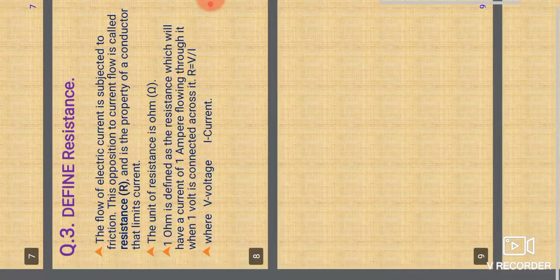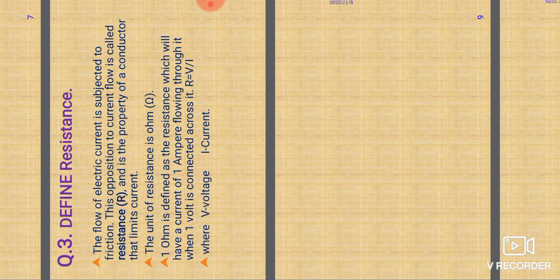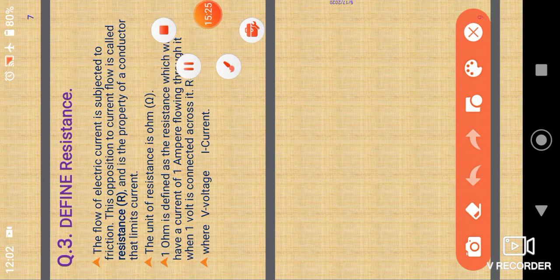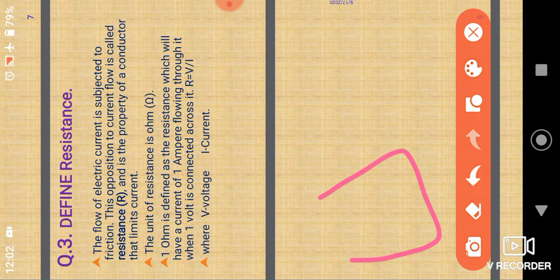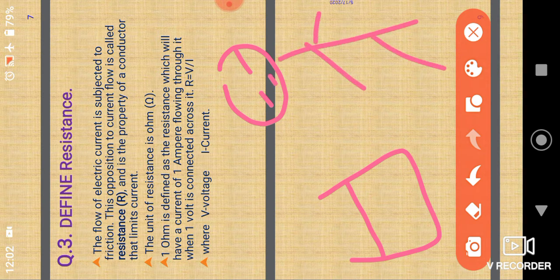Now the last line written over here: 1 ohm is defined as the resistance which will have a current of 1 ampere flowing through it when 1 volt is connected across it. Now here they are going to define 1 ohm resistance. So to define it, again the same diagram you need to draw. This is a glass of water, this is a man.